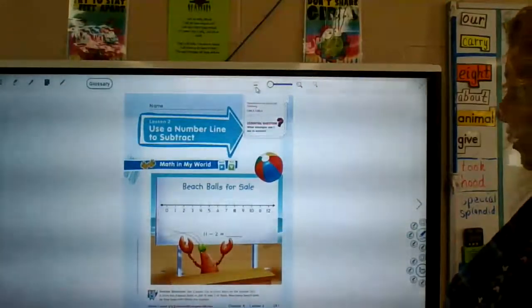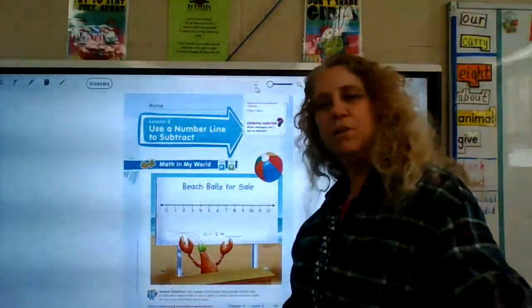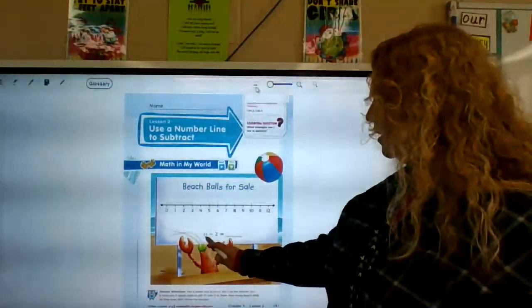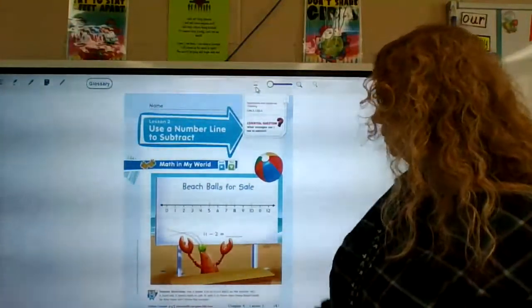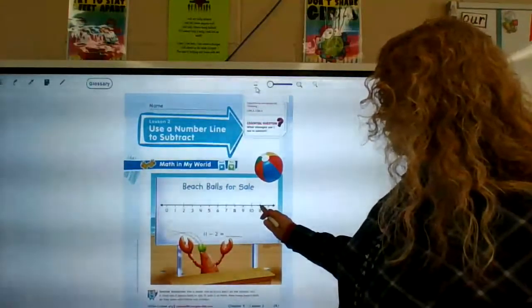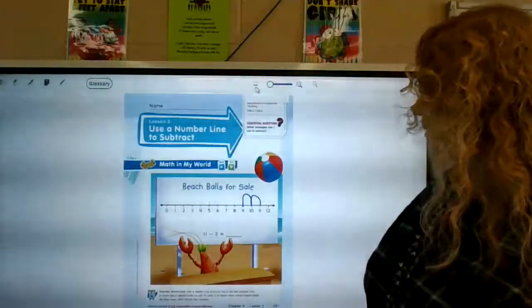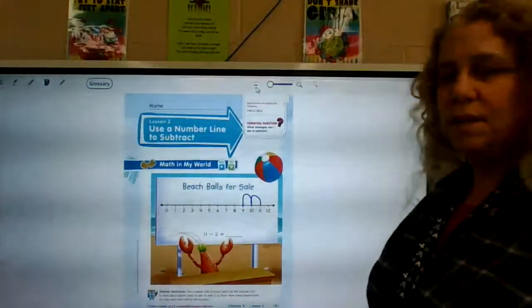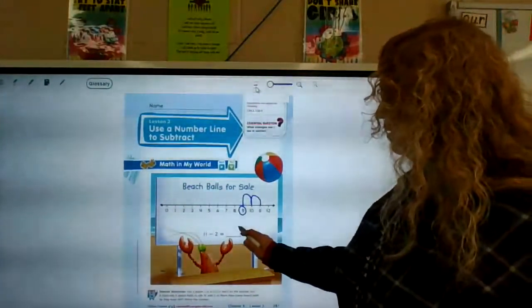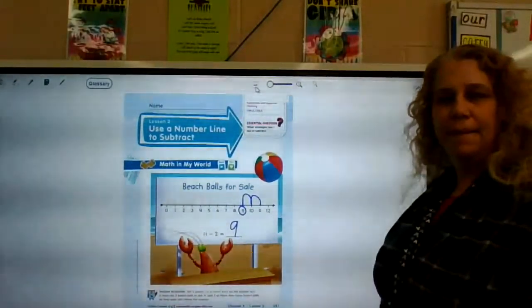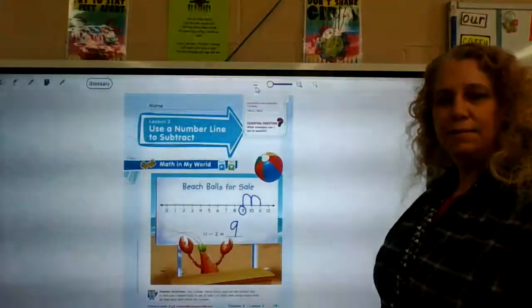Write the number. So, we have to start on 11 and hop back 2. Start on 11. 1, 2. And the answer is 9. So 11 minus 2 is 9. Easy, right?